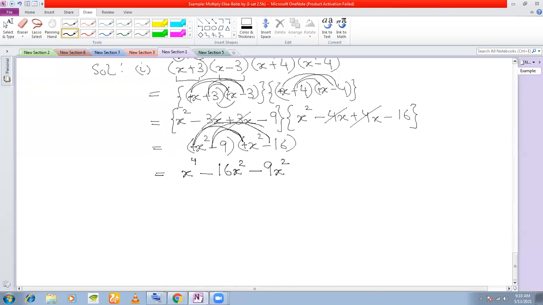And finally, minus with minus gives a plus sign, and 16 into 9 gives 144. Right? So now we'll simplify. These two are like terms. We write x to the power of 4 as it is. Minus 16 minus 9 will be minus 25x square plus 144, and that's your answer.